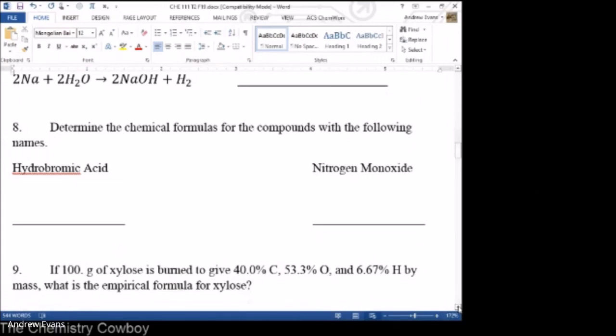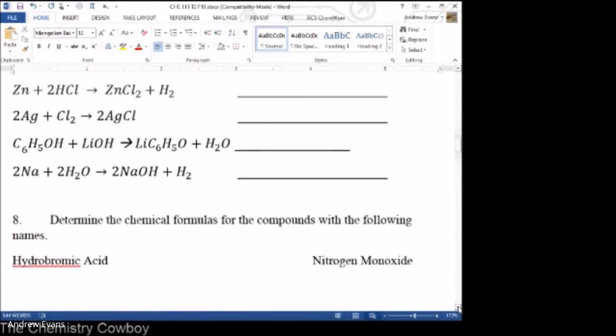Nitrogen monoxide, well, that is NO. The mono tells me it's a binary molecule. Nitrogen, because it's 1, doesn't need a prefix.